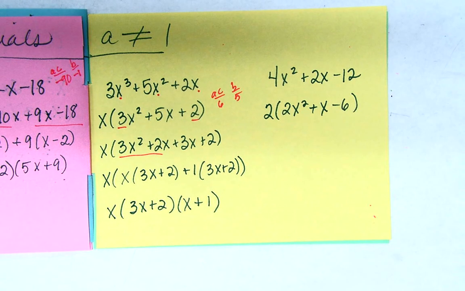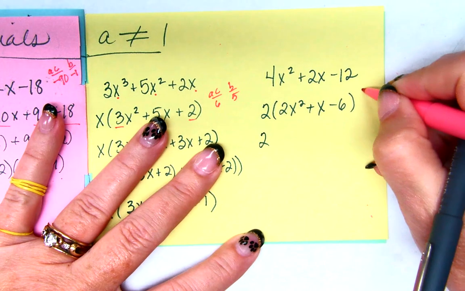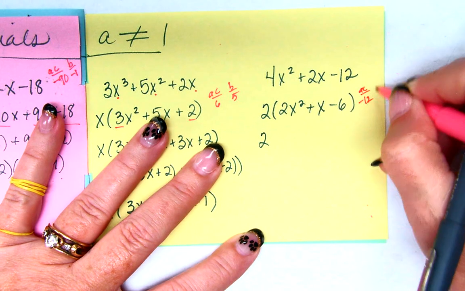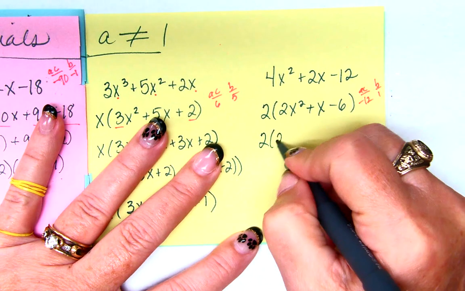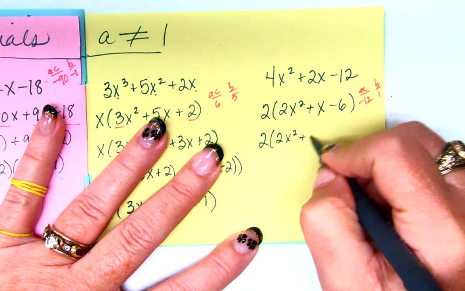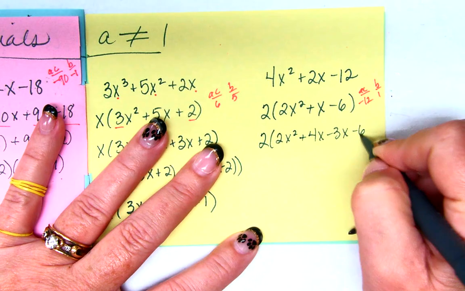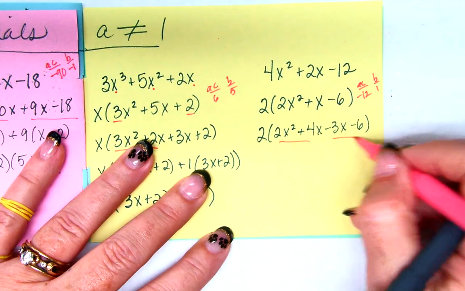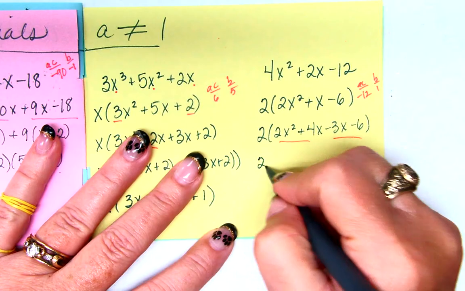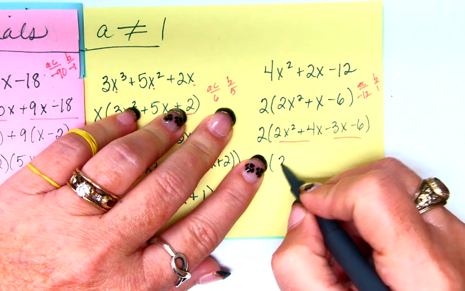All right, so what's AC in this problem? Negative 12. And what's B? 1. So what two numbers are we using? 4 and negative 3. And now we're just factoring by grouping. So 2 times, because we're dragging the 2 along, 2x, very good.